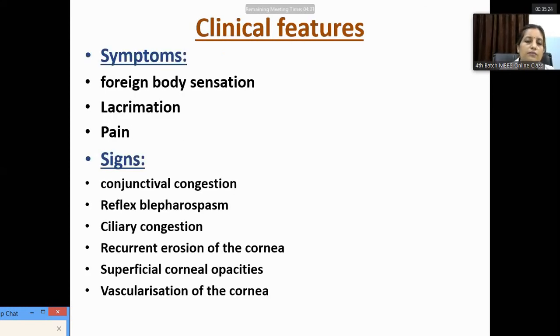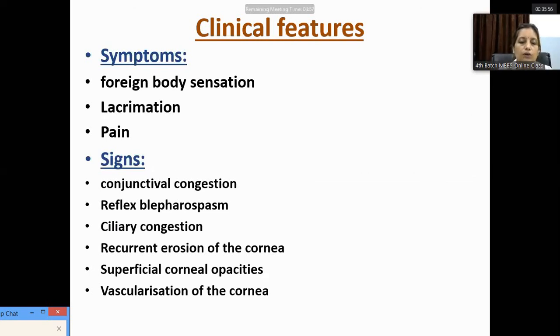It is a very simple condition, very irritating and very common in our day-to-day practice. Commonly it follows chronic blepharitis, sometimes a corneal ulcer, or trauma. The patient will come with common complaints like foreign body sensation, lacrimation, watering, or sometimes discharge. Pain is not a very common symptom in this type of patient.